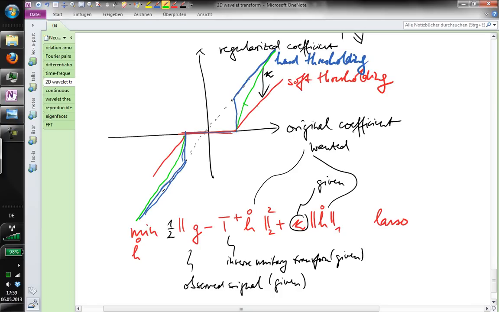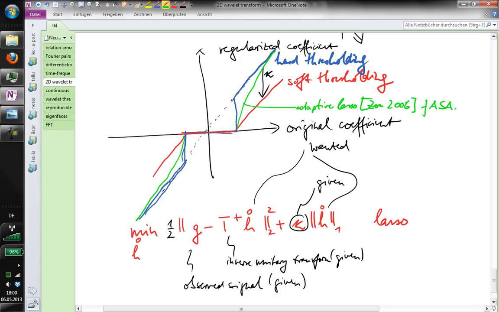And that corresponds to the so-called adaptive lasso, which is a Zou, I think, 2006 paper in, I think it was, the Journal of the American Statistical Association. A very important paper in the theory of regularization.